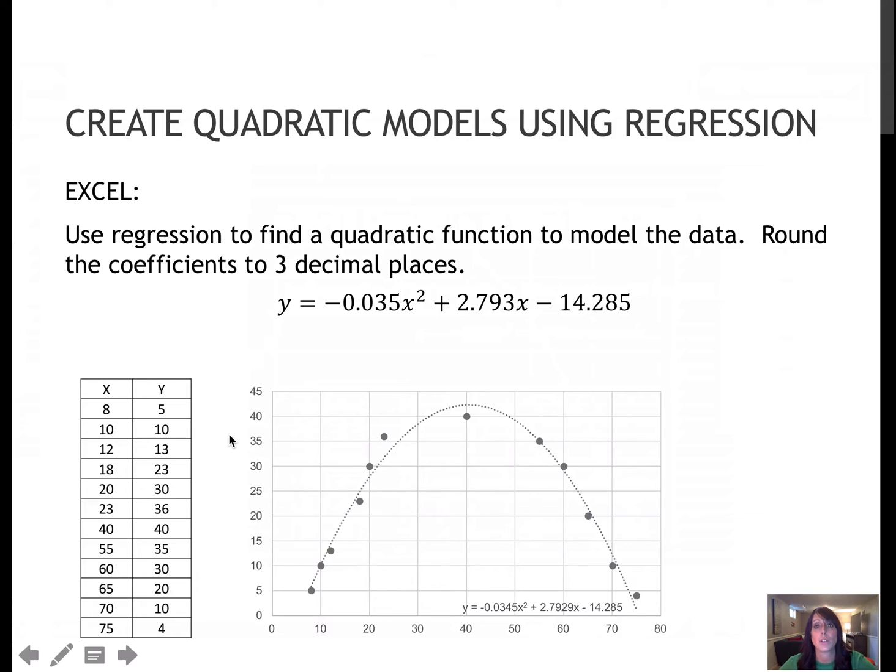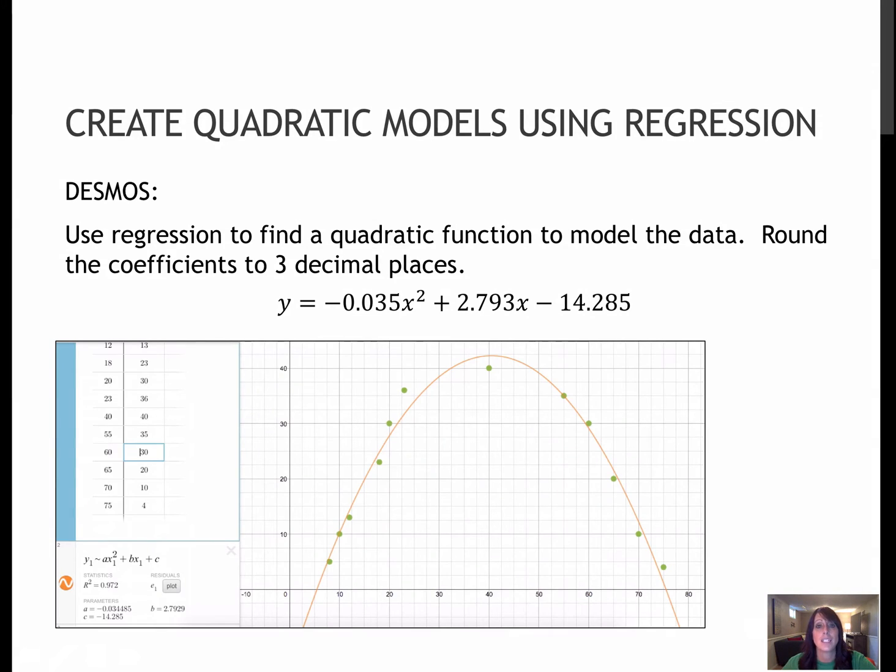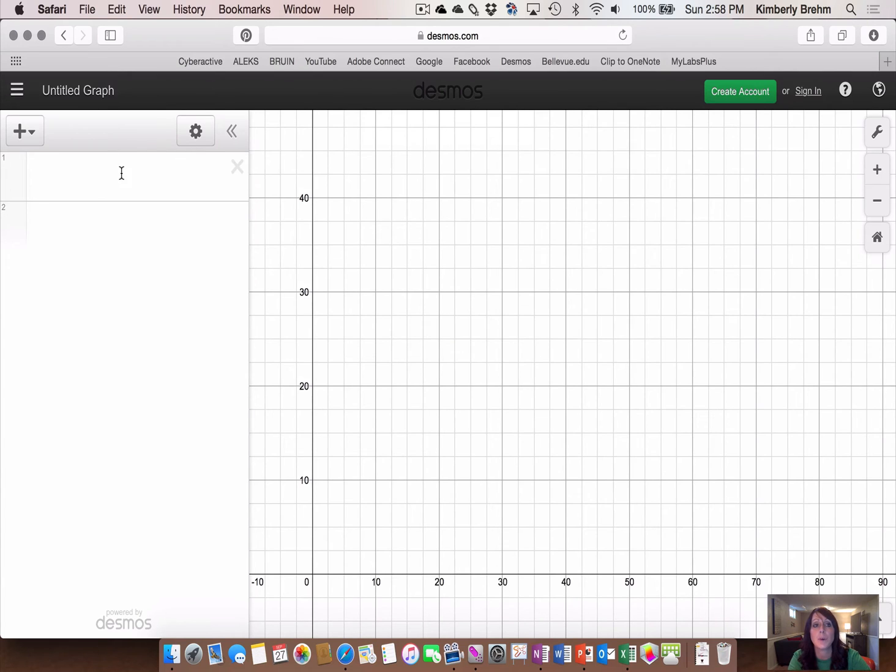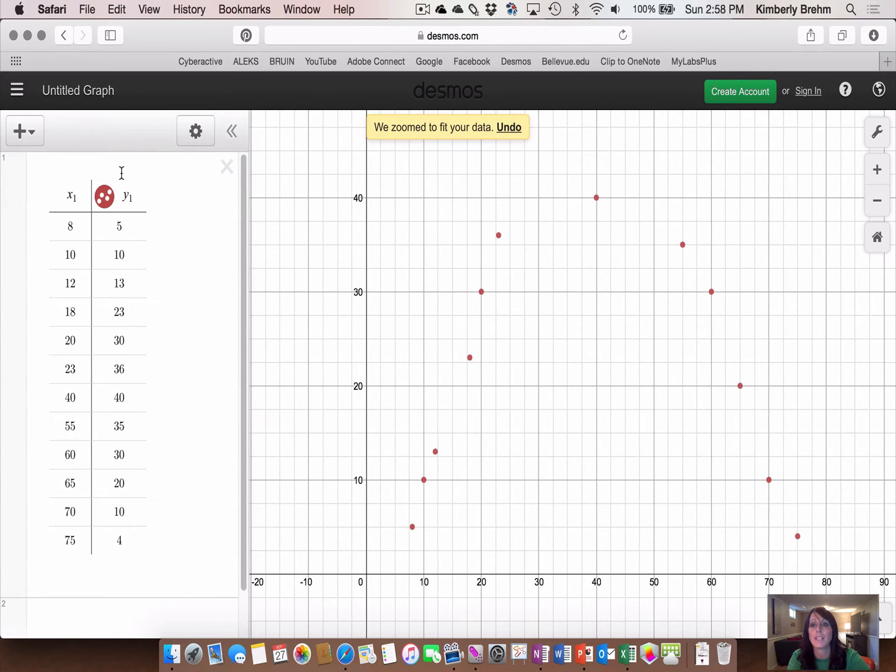First, I want to show you how to do the same process in Desmos. Again, in Desmos, we're going to do just as we did before. We're going to take the values from Excel and copy and paste them so that it makes a scatter plot for us. Now that I'm in Desmos, I'm going to click in the box and simply paste my data. Notice it's x1, y1.